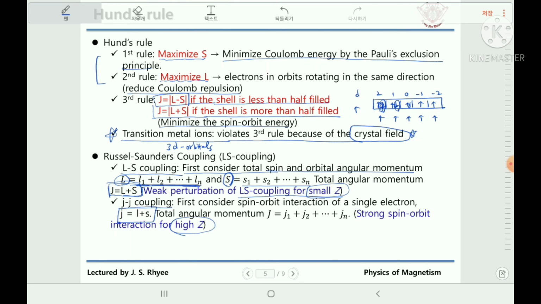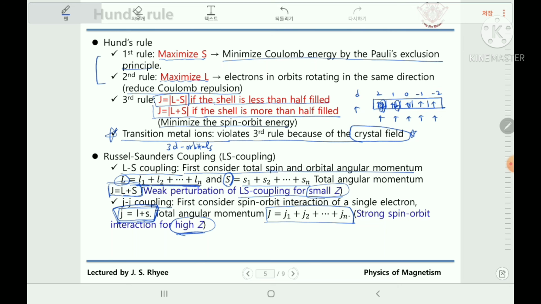And then finally, capital J is the summation of each electron's total angular momentum. That is jj coupling. Therefore, jj coupling is significant for high atomic number materials, where the spin-orbit coupling becomes significant first.